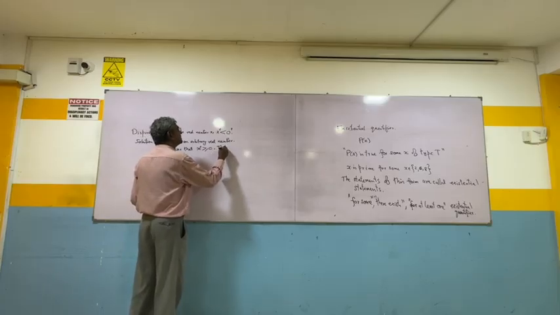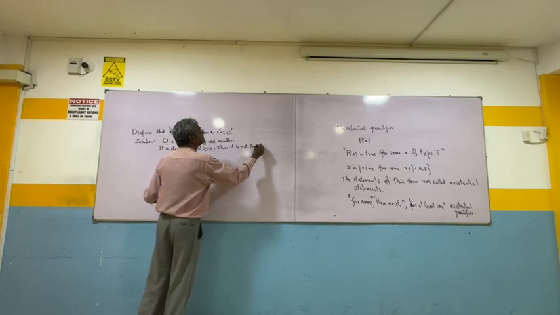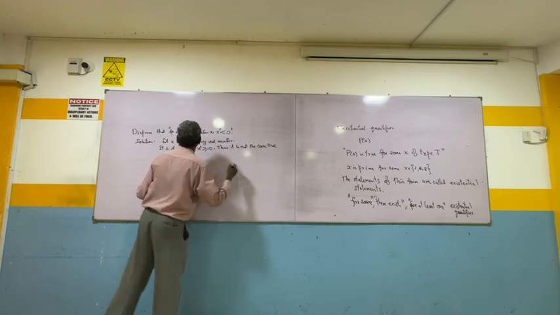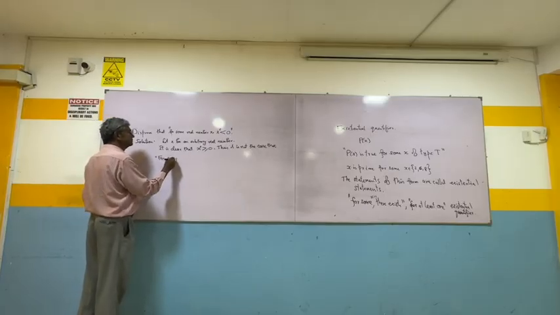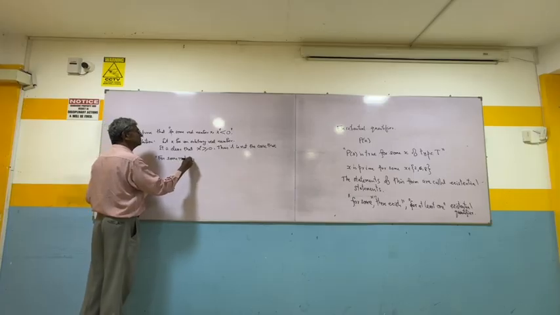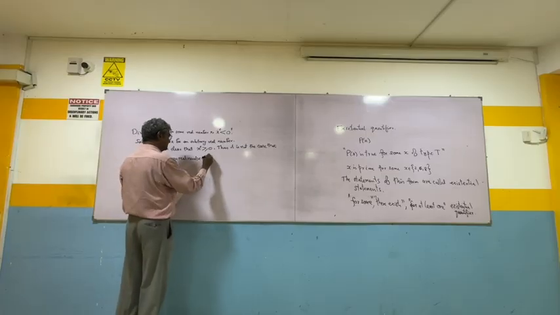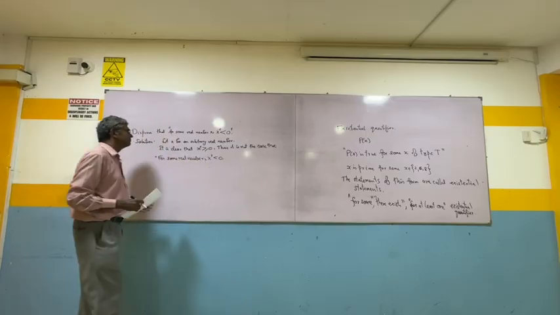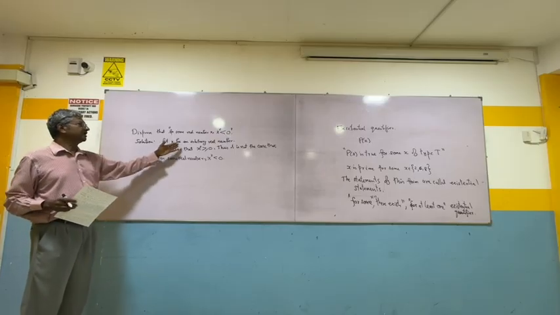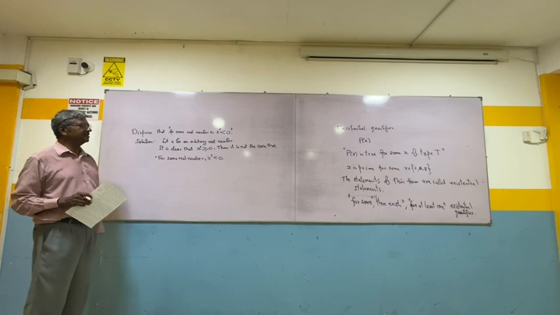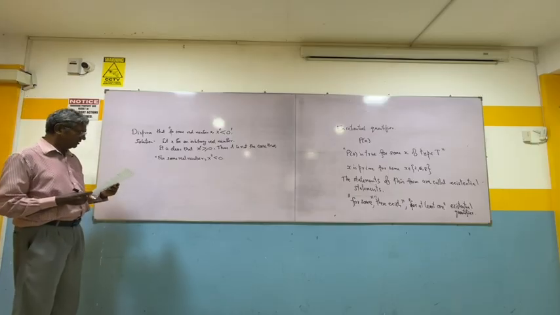Thus, it is not the case that for some real number x, x squared is less than 0. So I took any x, I wrote that x squared is greater than or equal to 0. I am saying thus it is not the case that for some real number x, x squared is less than 0.